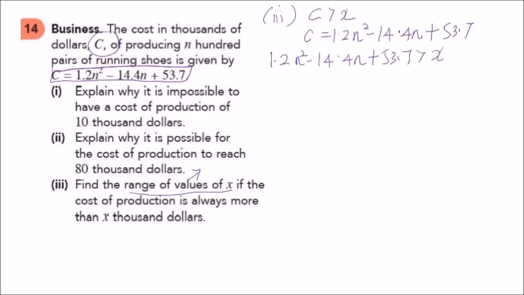Okay, now you are given an equation that is in terms of n, not x. Previously, what we have been doing is all in terms of x, right? But if you look at this carefully, you're actually given the equation in terms of n.